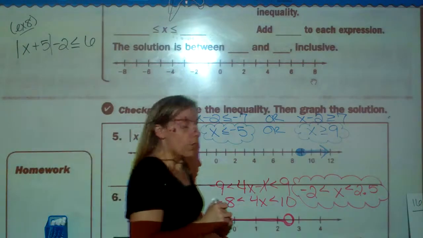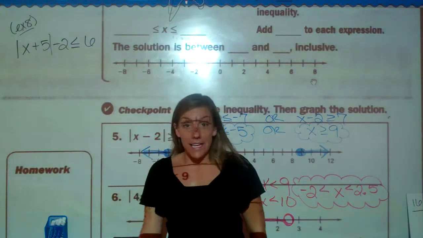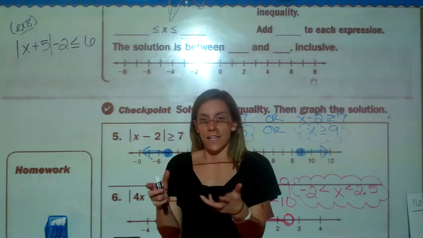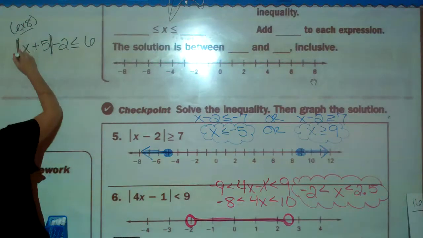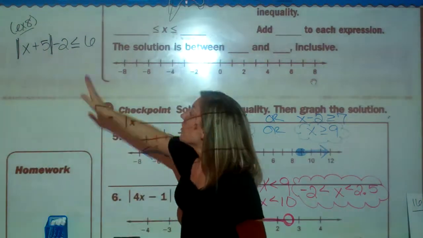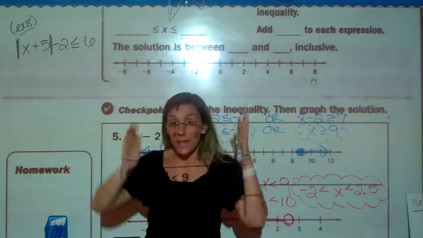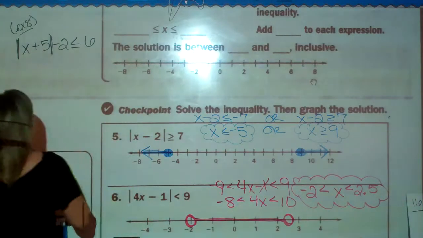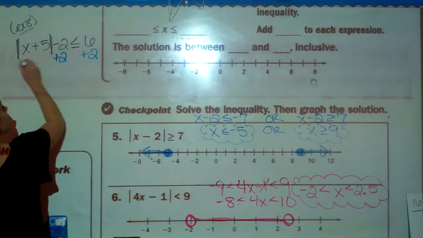Okay? Well, if you notice, it's less than, so we're going to make a sandwich, but we really can't set it up yet because we don't have the bars by themselves, okay? So just like solving anything else, we actually need to add the 2 over, then we can set it up, okay? So add 2 to both sides.